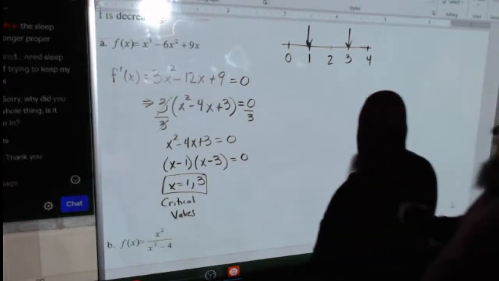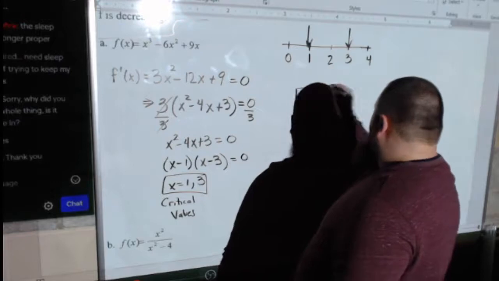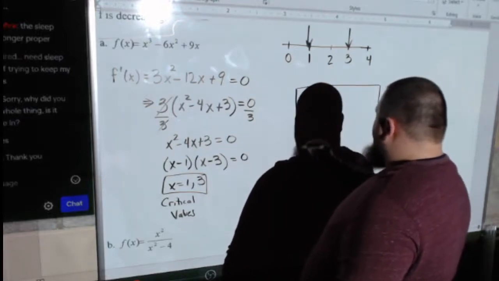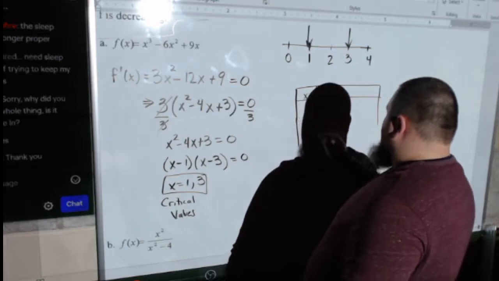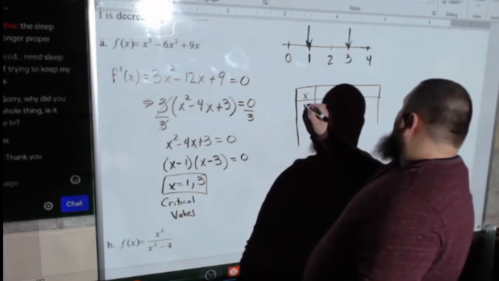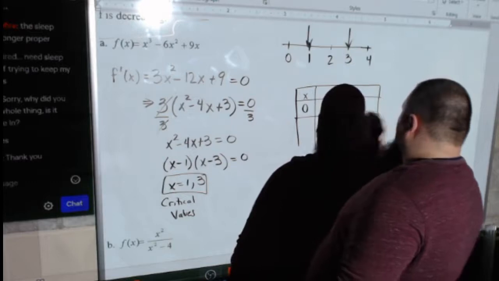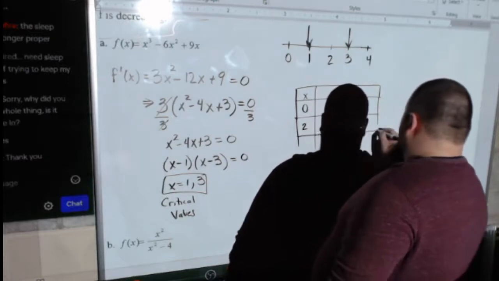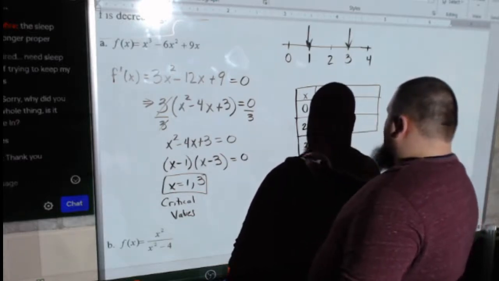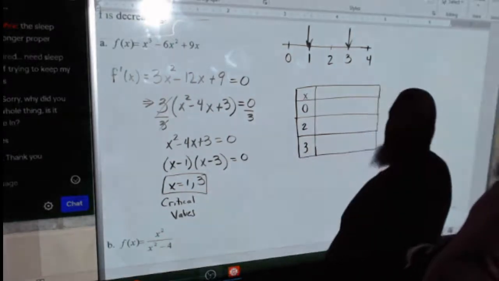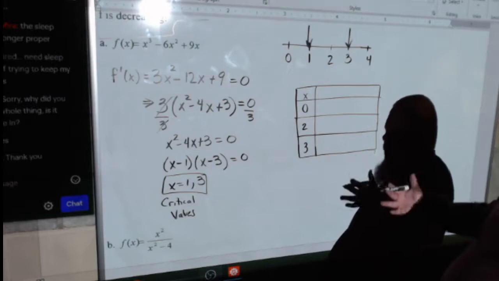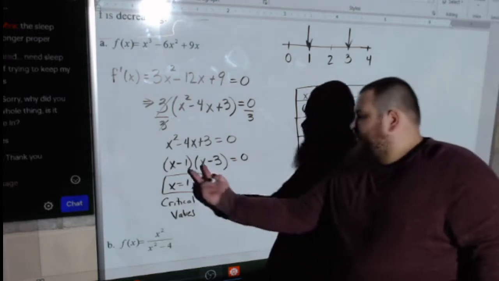So, my chart, okay, I'm going to have my test values x, which are 0, 2, and 4. I'm also going to have all of the components of my derivative.